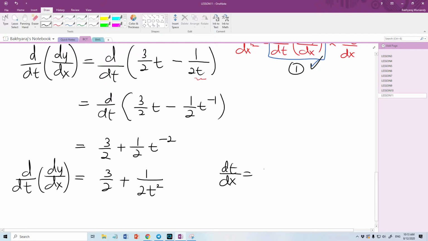You get 1 over 2t. Okay, you boleh tengok balik dalam Roman 1 just now. So dt over dx is equal to 1 over 2t. Okay, now put this into the formula. Masukkan ni dalam formula. Ni dengan yang ini dah.